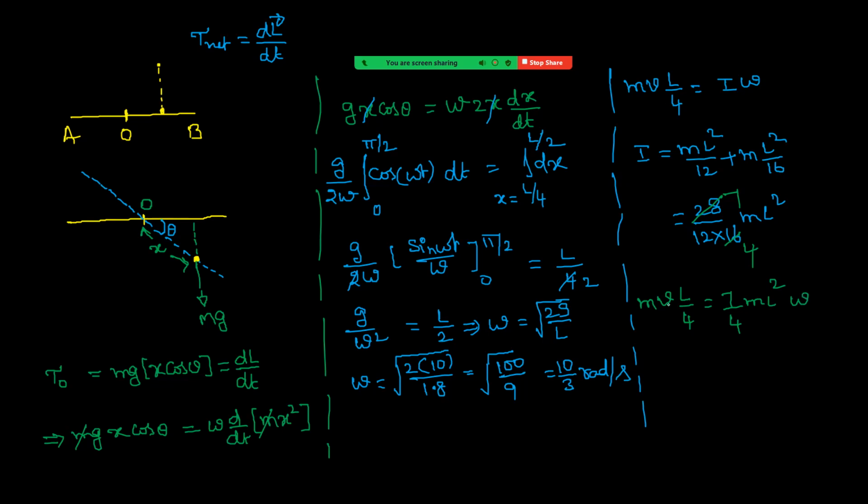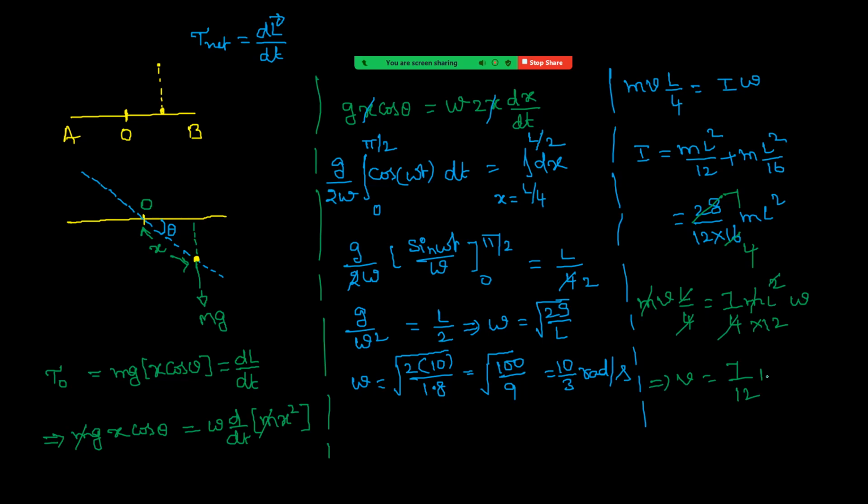First make the calculation. M gets cancelled, one L gets cancelled. Next, you have 4 and 12; 12, 4 gets cancelled. That implies V equals 7 by 12 L omega, right?